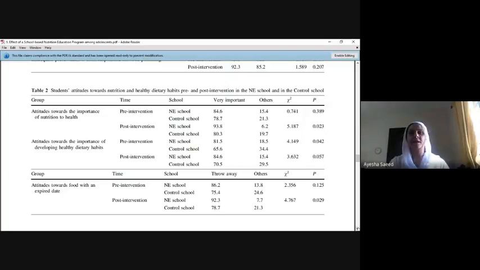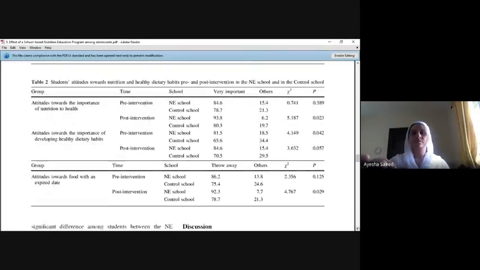So the difference was statistically significant at the post test, and attitudes towards importance of developing healthy dietary patterns was also statistically different at the pre-test and at the post-test too.